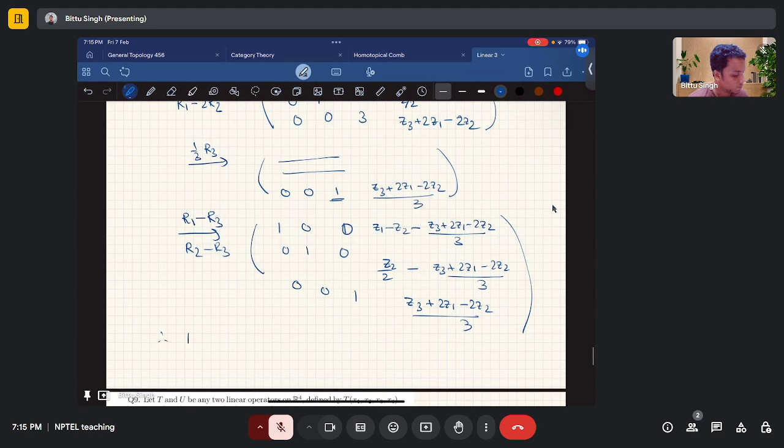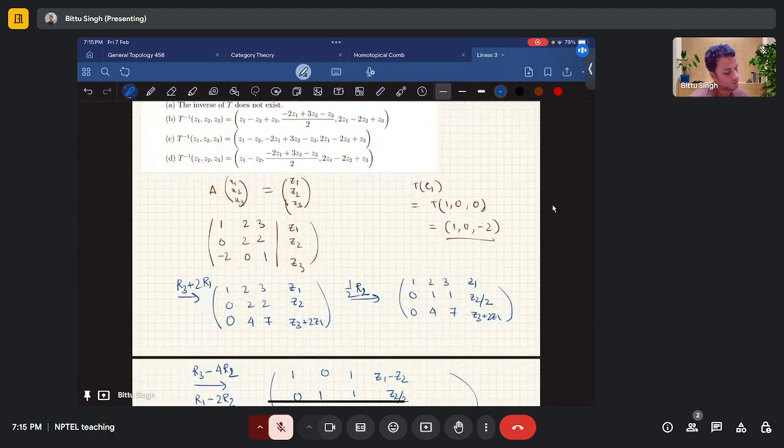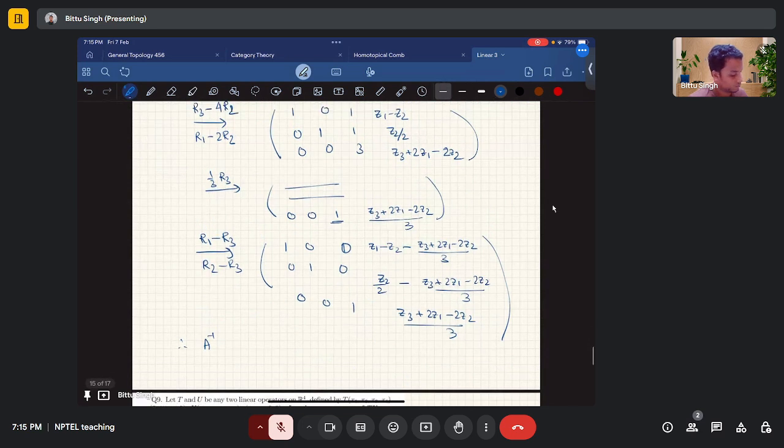Therefore A inverse of Z1, Z2, Z3 is, if we calculate, Z1 minus Z2 minus Z3 by 3, because 3Z1 minus 2Z1 is Z1, then minus 3Z2 plus 2Z2 is minus Z2, minus Z3 by 3.